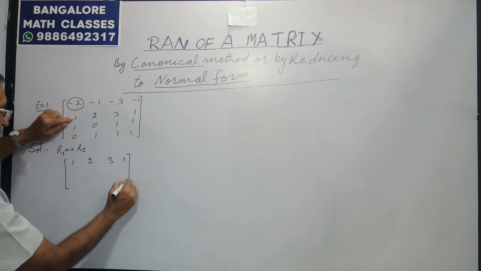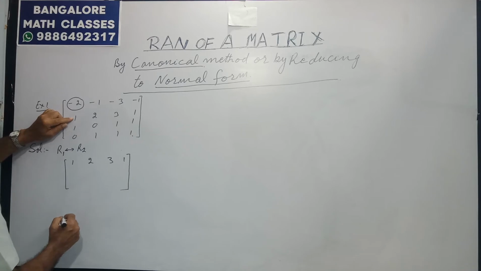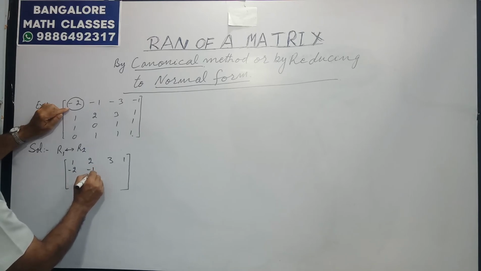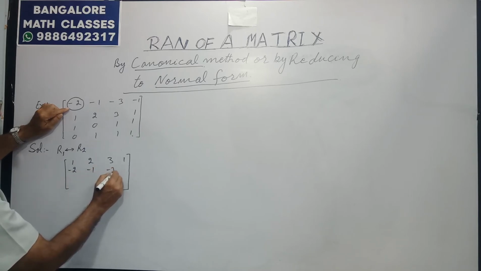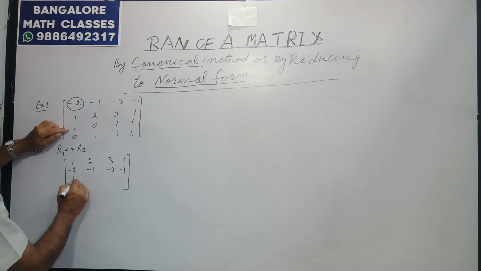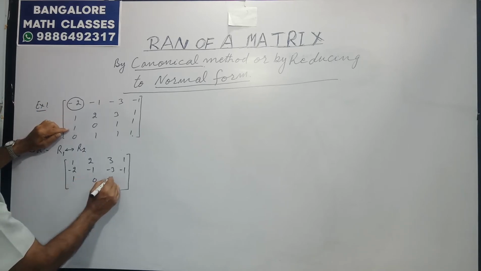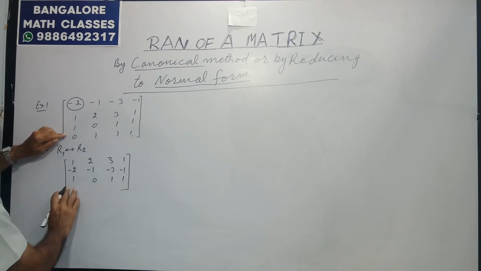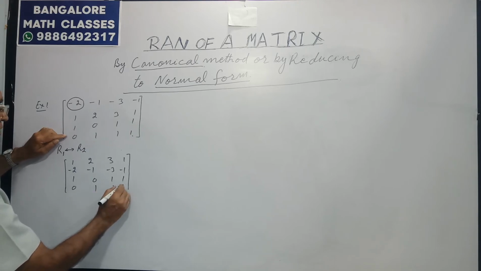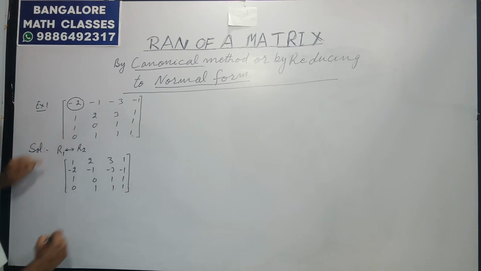Write it carefully, because while writing, students make mistakes. Now R1: -2, -1, -3, -1. R3 and R4 stay as they are. Like that you can take your first step.